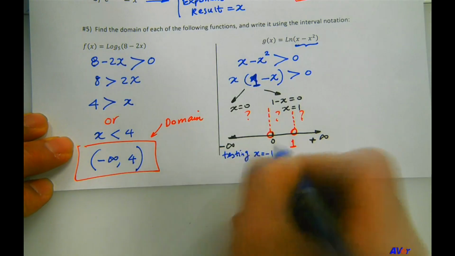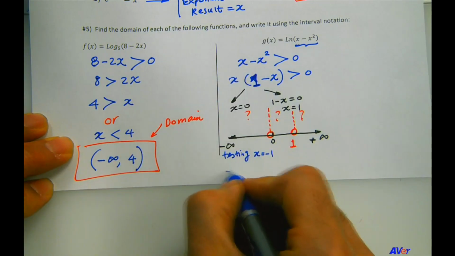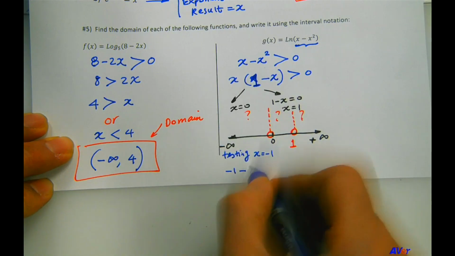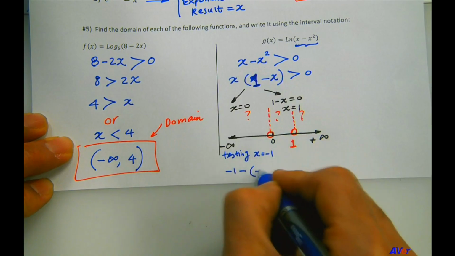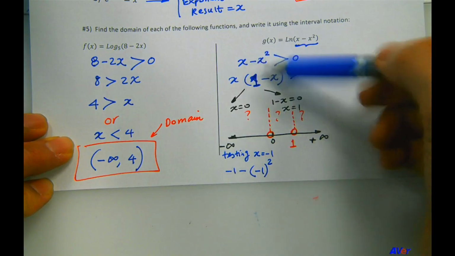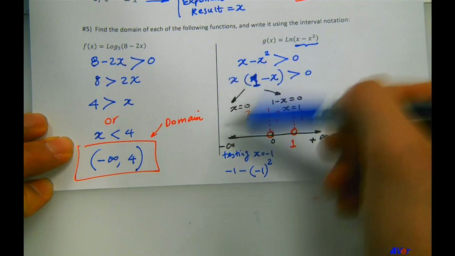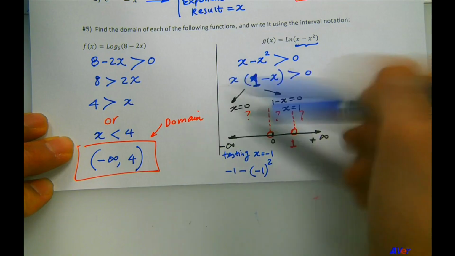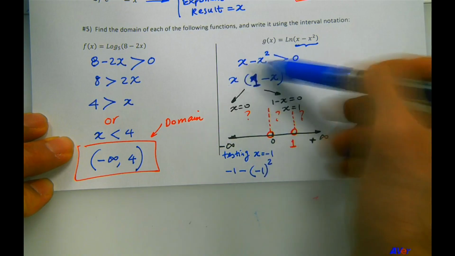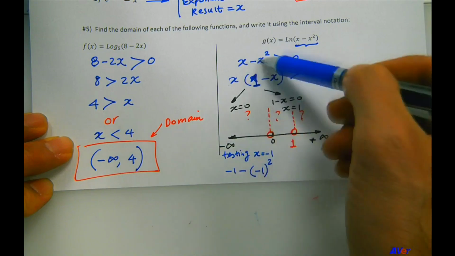Let's plug into this inequality: negative 1 minus negative 1 squared. I simply used this form because it's easier to work with when you pick test x values. The factored form gives us the boundary solutions, which is what we're interested in, and that's why we factored it.